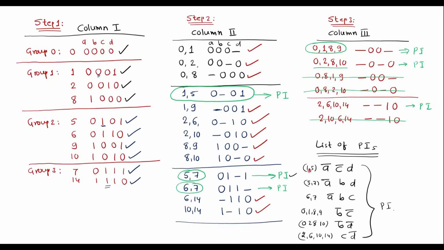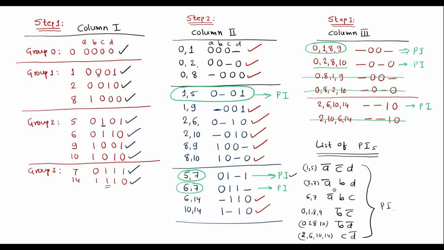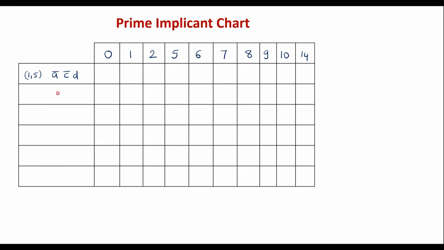First one is 1 5, that is A bar C bar D, which is nothing but A bar C bar D. The second prime implicant is A bar B D, which is with respect to min terms 5 and 7.